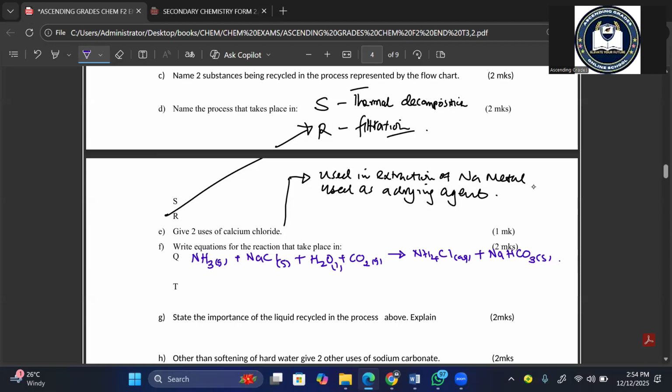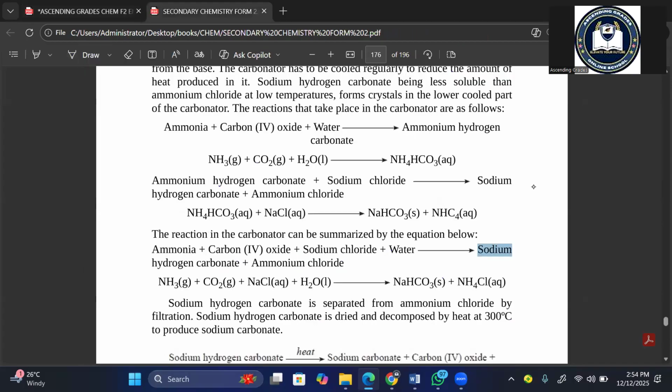Sometimes you can write this one in two equations, and maybe I can show you from the secondary Kelby book 2. You can write in this form.